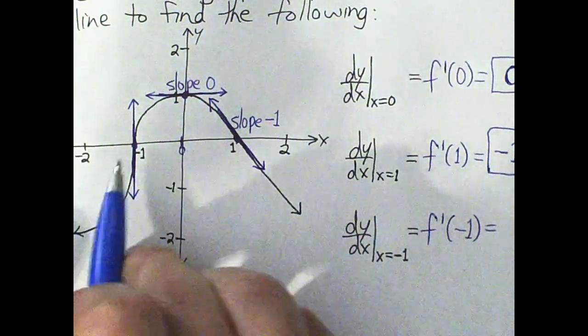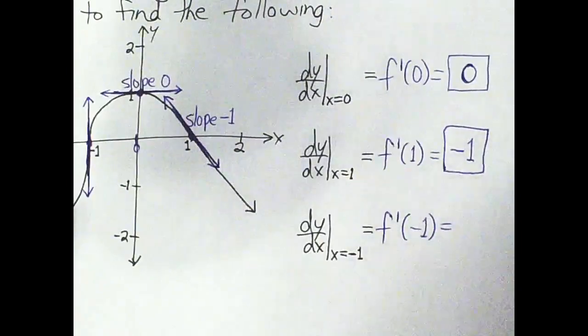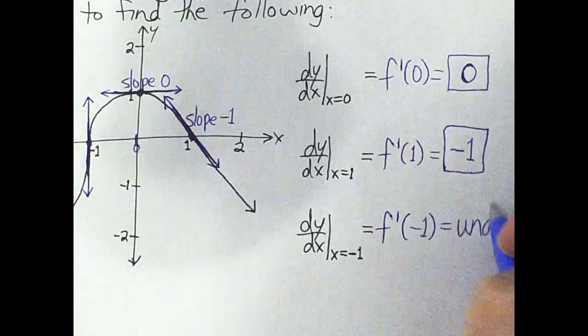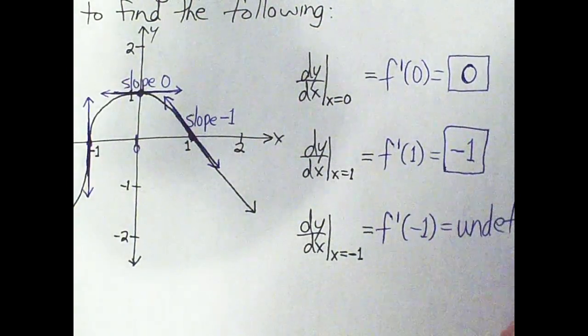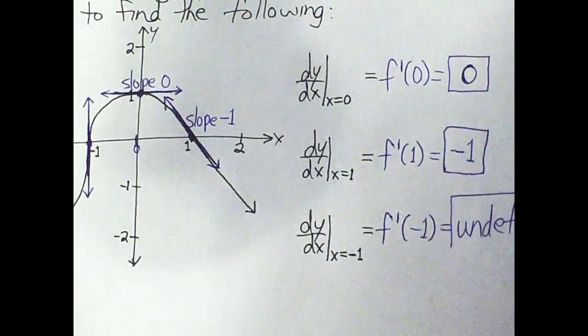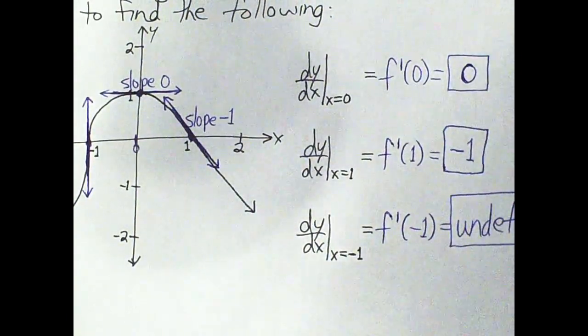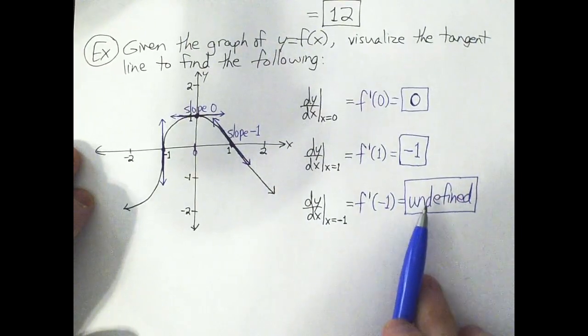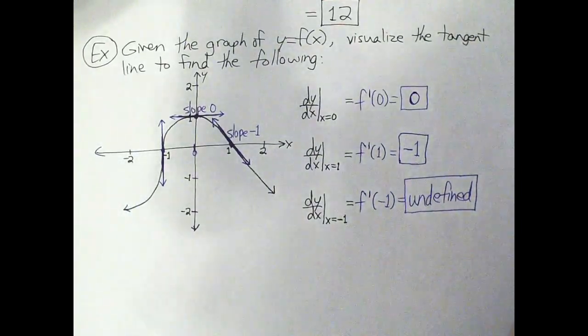So what's the slope of a vertical line? Undefined. So that is a possible answer for these types of questions. The answer could be undefined. Slope of a vertical line.